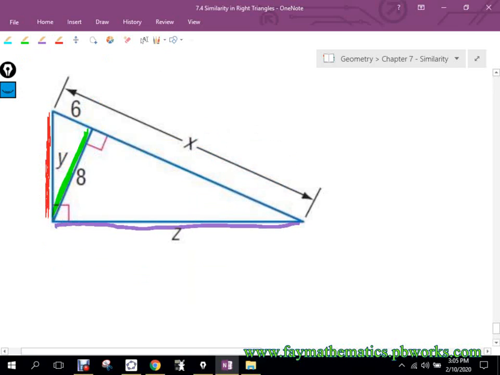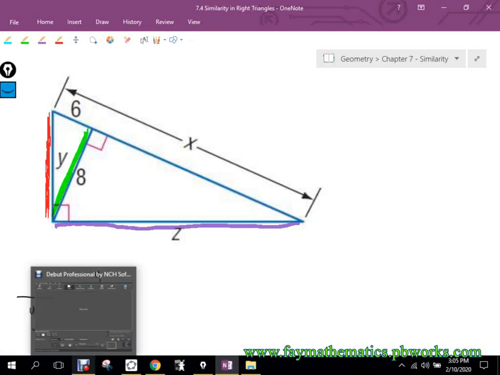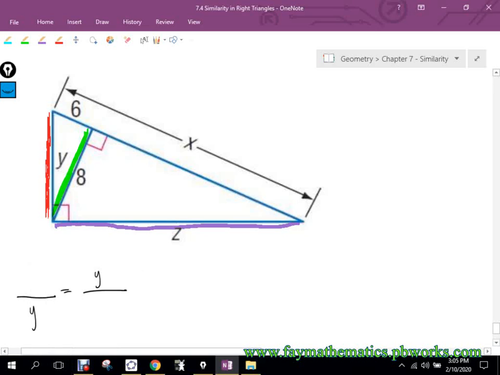So legs are geometric means, right? So I'm going to put Y here, put Y there. When I'm looking at that red one, it's a leg, so it's the geometric mean between the hypotenuse. What are you going to call the hypotenuse of this triangle? What are they referencing as the length of the hypotenuse?